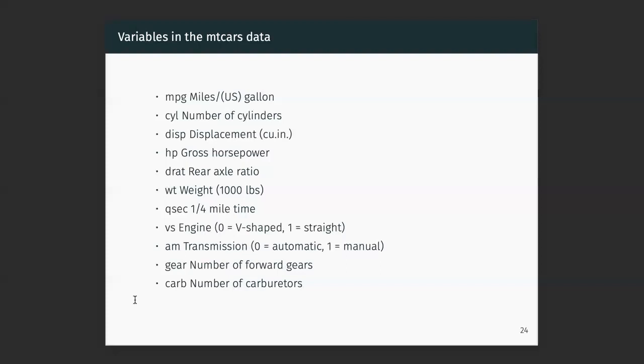So this is M1. Now let's make M2. Miles per gallon equals f of horsepower and weight.